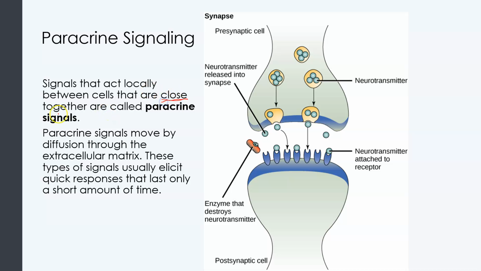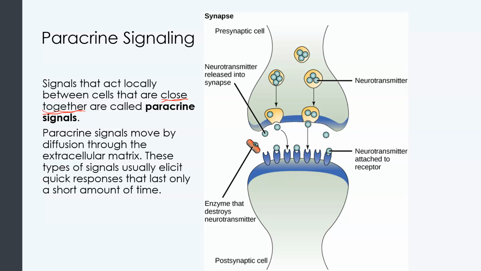That's the key with paracrine signals, is that the cells are close together. Paracrine signals move by diffusion through the extracellular matrix. These types of signals usually elicit quick responses that last only a short amount of time.